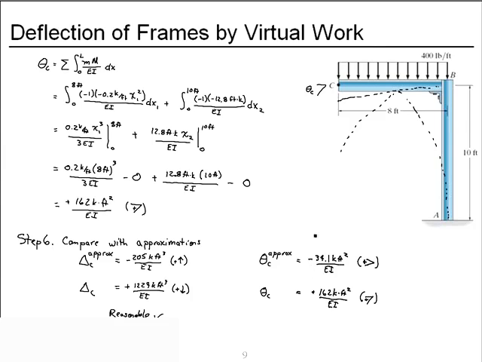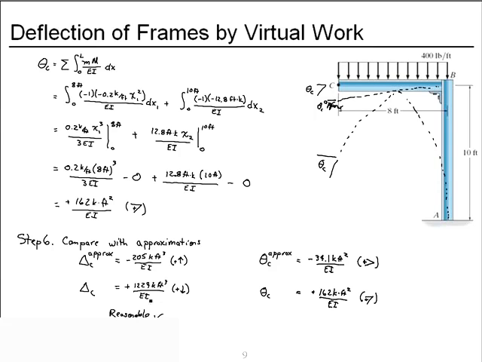But again, looking at the elastic curves compared between the two methods, it's not unreasonable to think that our slope at the end of the real structure would be 5 times bigger than the approximation.